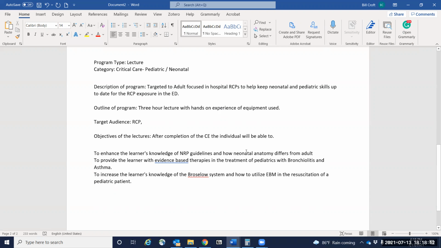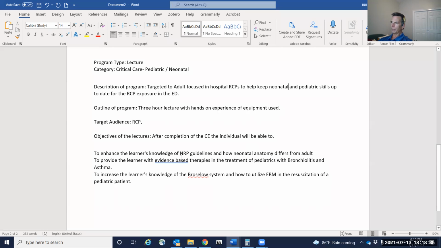Right. You never want to have more than one objective in a line, because now you've got to rethink. And here's the thing: if you know the NRP guidelines and you can pass the test, obviously you know the difference of the anatomy, correct? So it may not even be necessary to have that one, but if you want to put it in there, it needs to be on a separate line.